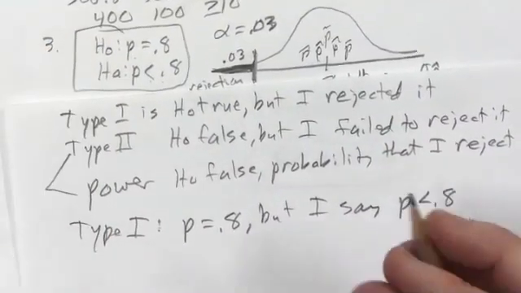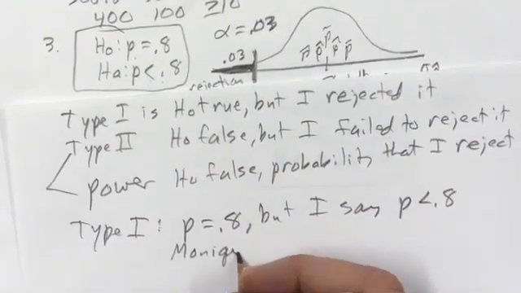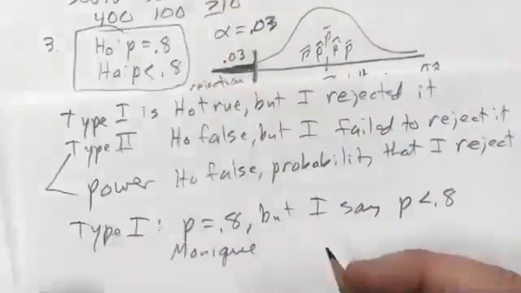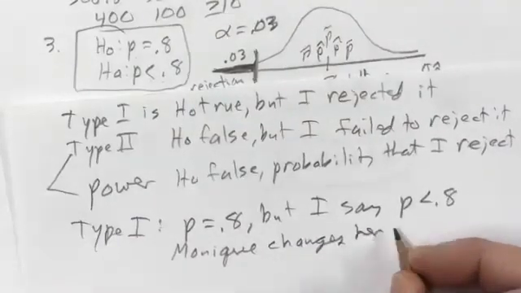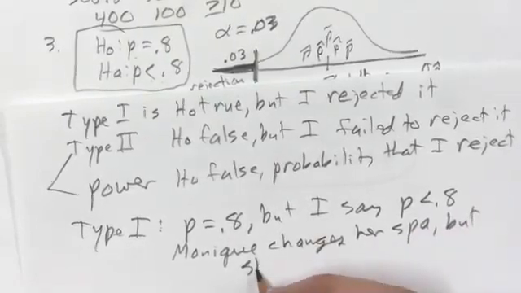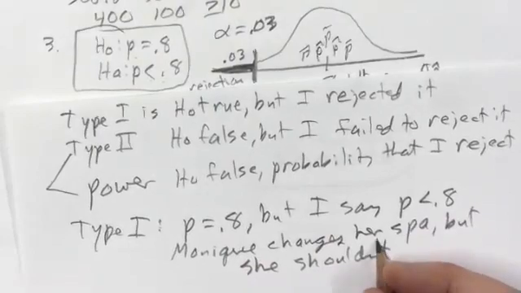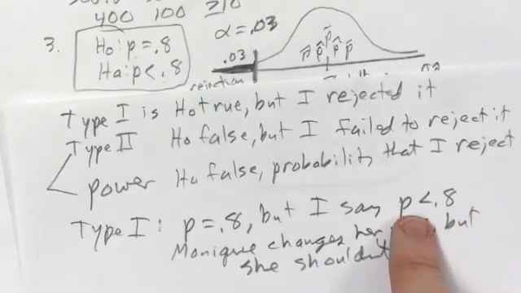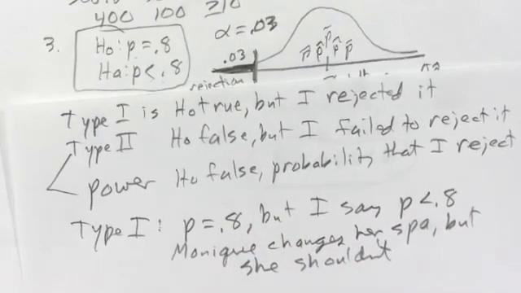That means that Monique changes her spa, but she shouldn't have. She thought the proportion of the people happy was less than 0.8, but it was actually equal to 0.8. And actually things were going good. So that's type 1 error and the consequences of it.